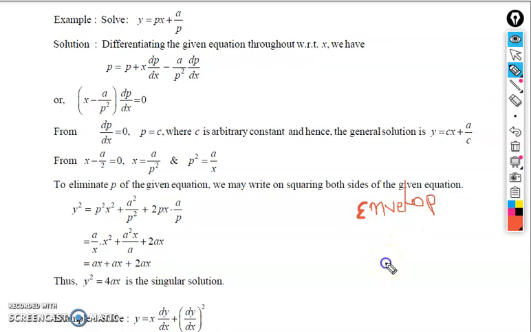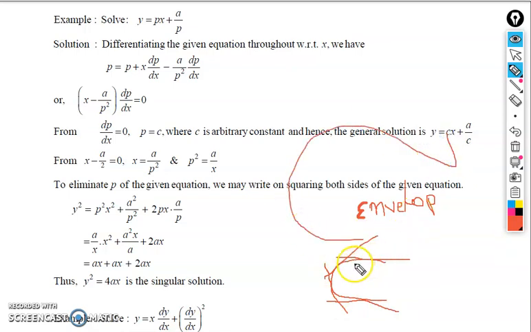If we consider this one is your parabola, and the family of straight lines should touch this one. This family of straight lines should be this one, and the curve should be this one.